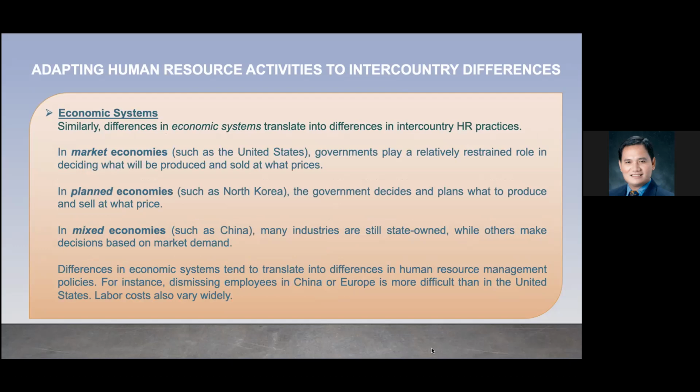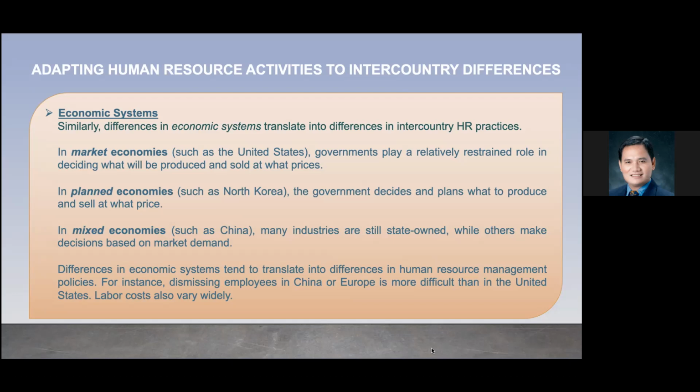Similarly, differences in economic systems translate into differences in inter-country HR practices. In market economies such as the United States, governments play a relatively restrained role in deciding what will be produced and sold at what prices.